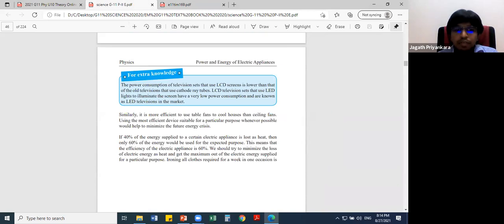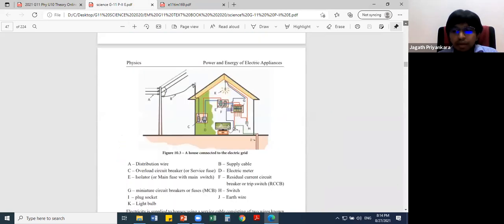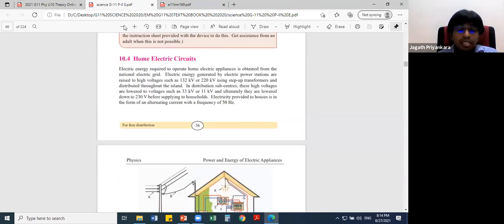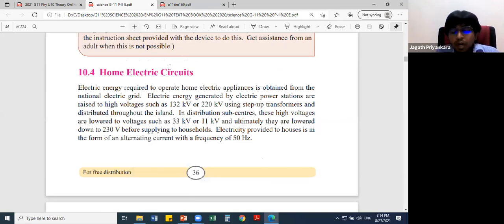Because home electric circuit, before you use electrical appliances, you should have a basic understanding about home electric circuit, from where you get electricity, how that electricity is produced, what are the energy sources we are using to generate this electricity. Most of the countries in the world generate electricity mostly using coal power, diesel, or some of the developed countries use nuclear power also.